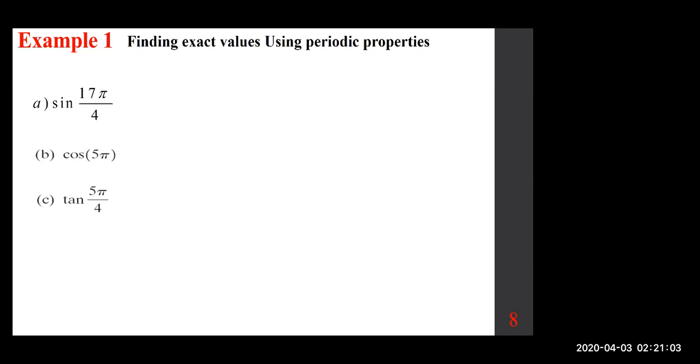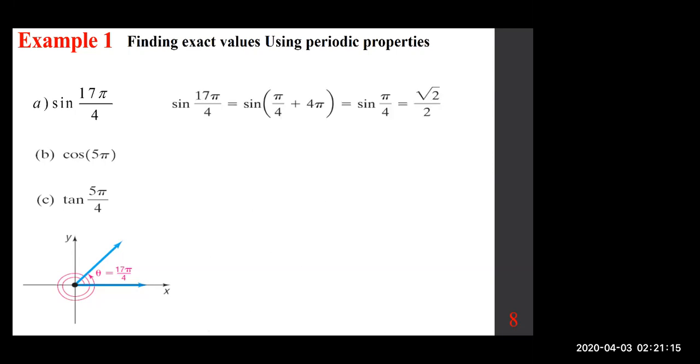You can take off multiples of 2 pi. So I hope you see that 16 pi over 4 equals 4 pi. So this is equal to 4 pi plus pi over 4. And that gives us the same as pi over 4. It's a common arc. We are supposed to know the answer.